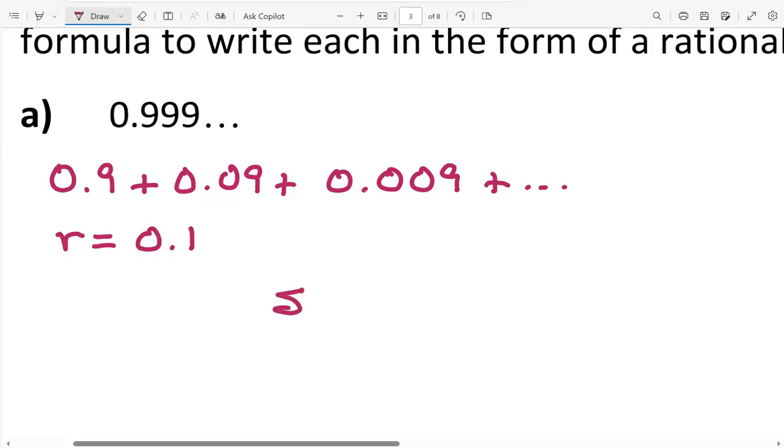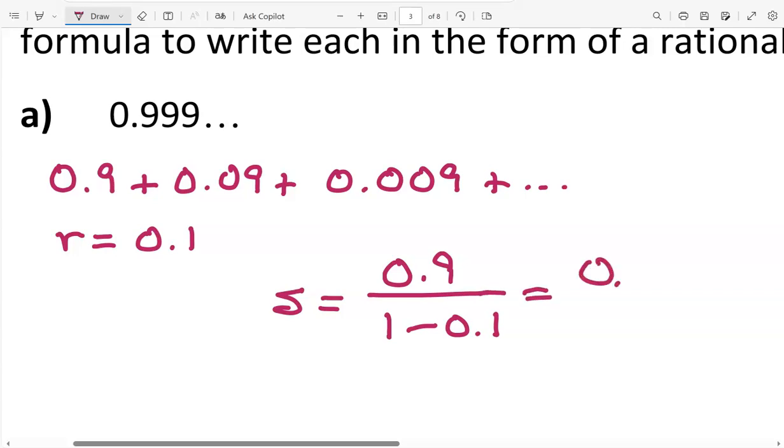So the sum of this geometric series is equal to the first term in the series, 0.9, divided by 1 minus the ratio, 0.1. So that's 0.9 divided by 0.9, which is equal to 1. So 0.9 repeating is actually equal to the fraction 1/1, or just the whole number 1.